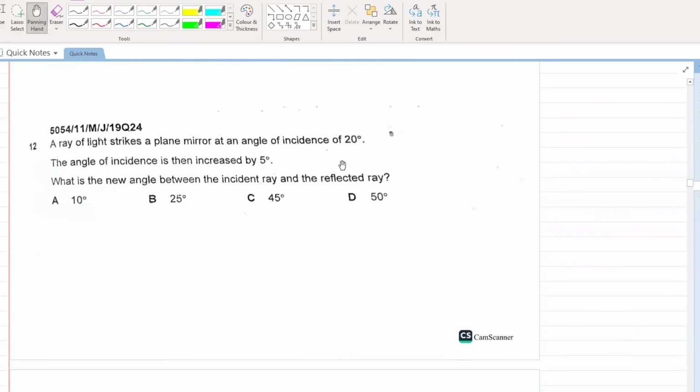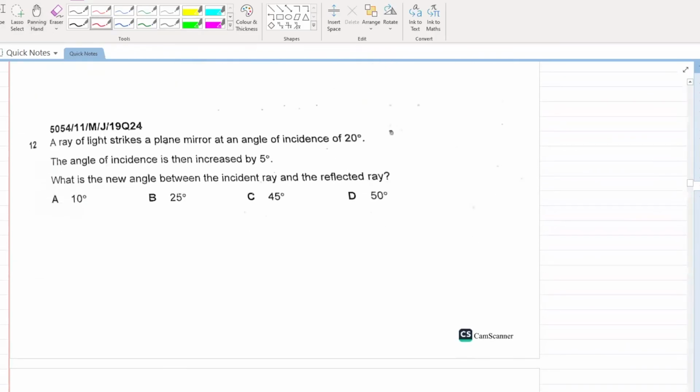Let's further move ahead. A ray of light strikes a plane mirror at an angle of incidence. The angle of incidence is increased by 25 degrees. If the angle of incidence is 25 degrees, the angle of reflection will also be 25 degrees. So the ray will be something like this, 25 degrees.